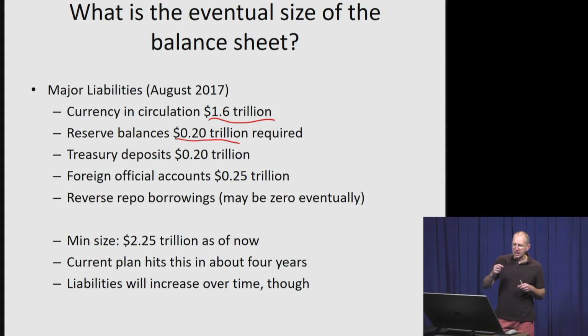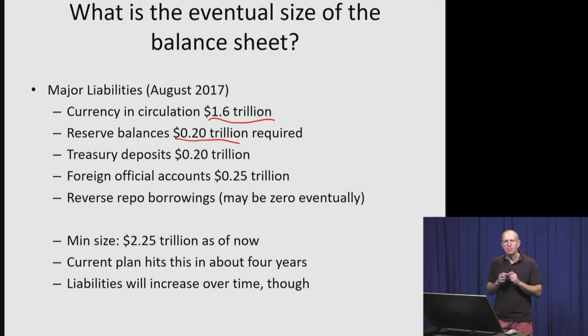And then finally, in a previous video, we talked about the ONRRP facility, the overnight reverse repurchase facility. Those show up as liabilities. But two important notes here. The first one is that the Fed is hopeful that they can eventually phase out the reverse repurchase facility, so that wouldn't be there anymore. And moreover, as we saw in a previous video, the net impact on the volume of liabilities of these reverse repos is zero.